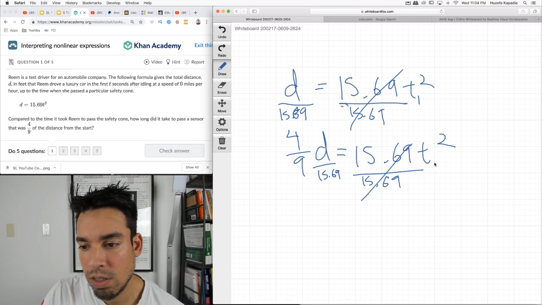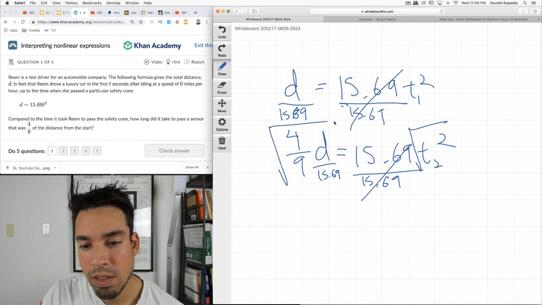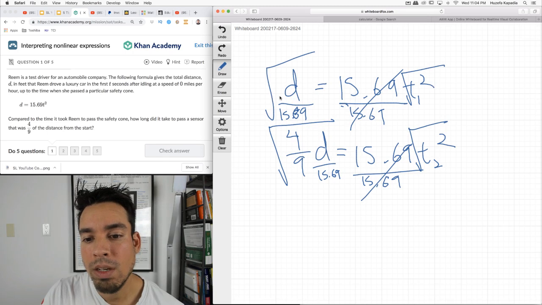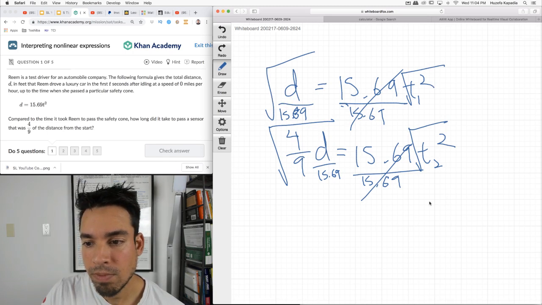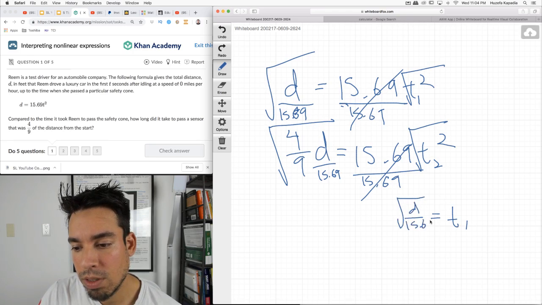Let's call this T1 and T2. We're comparing these two times. Then we need to take the square root of both sides, all right? So same thing here, same thing here. Okay, what we get over here is T1 equals square root of d over 15.69. Fine.